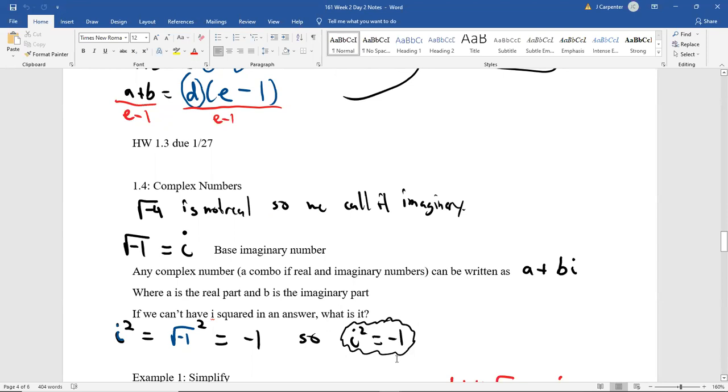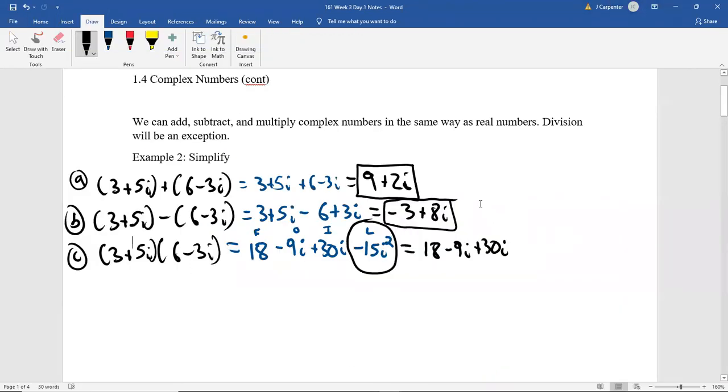This is an extremely important value that you will see over and over again. Every time you see an i squared, you have to change it. You have to change that to a -15 times -1. If you don't, it's wrong. So that's a +15 here, the -15 times -1.